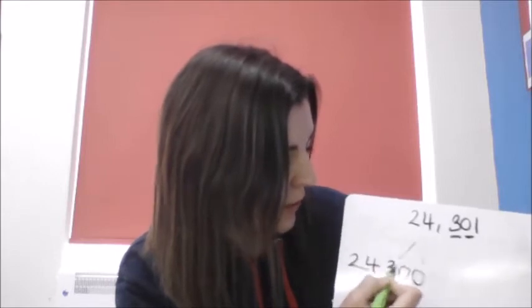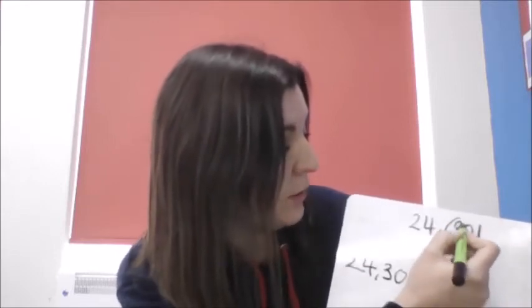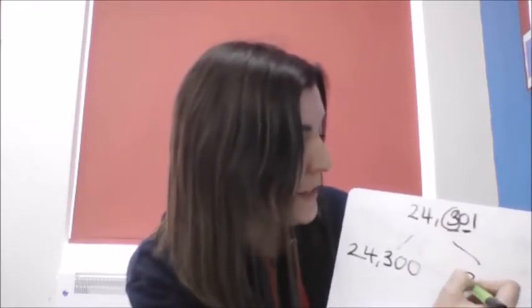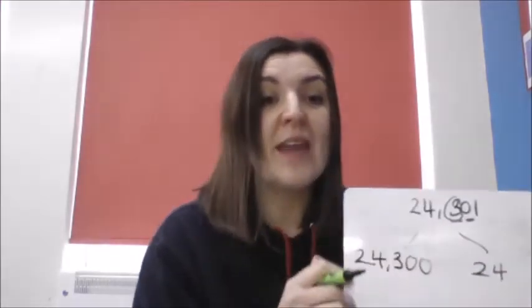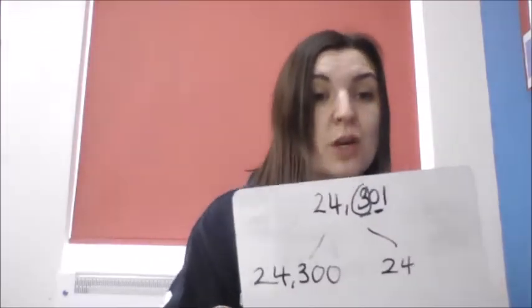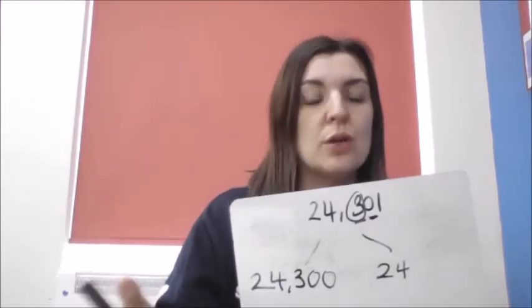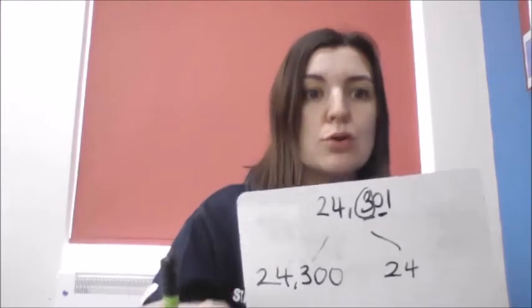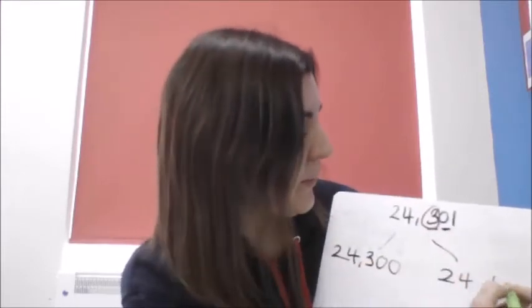Now my first job is to work out which two numbers it's lying in between. So it's lying in between 24,300, that's my first 100, and then 24,400, the next 100. If I was counting in hundreds, 100, 200, 300, 400 would be the next 100.